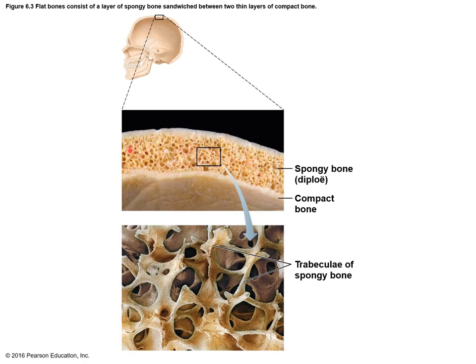The spongy bone is, as you can see, much less dense than the compact bone. That makes the entire bone overall much lighter. If this were solid compact bone, it would make the skull much heavier, and you'd have problems holding your head up.